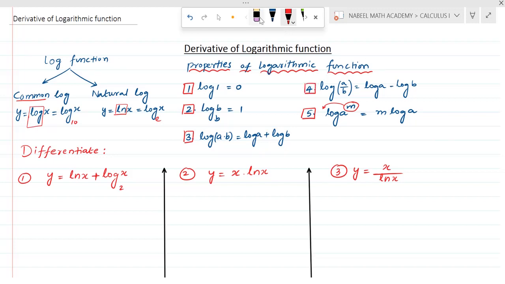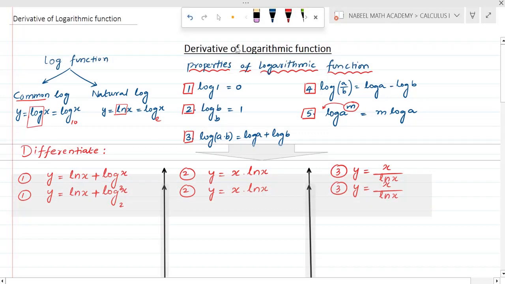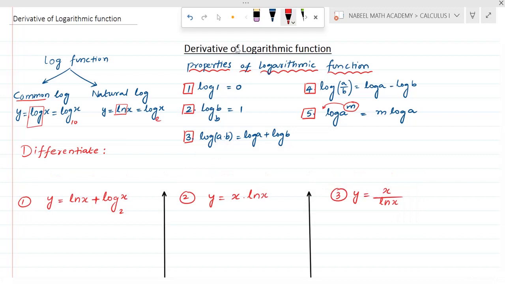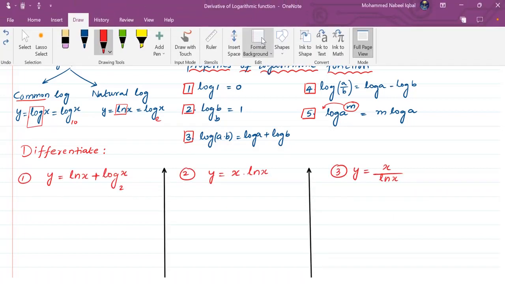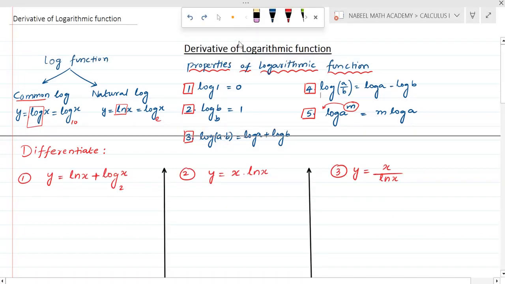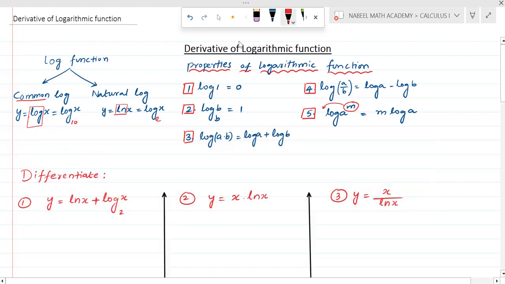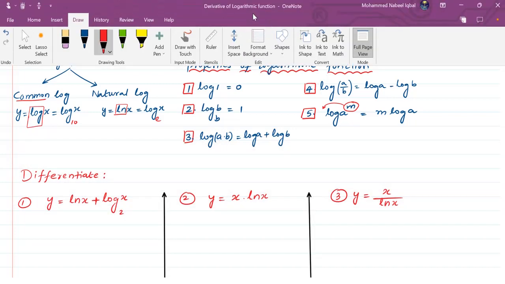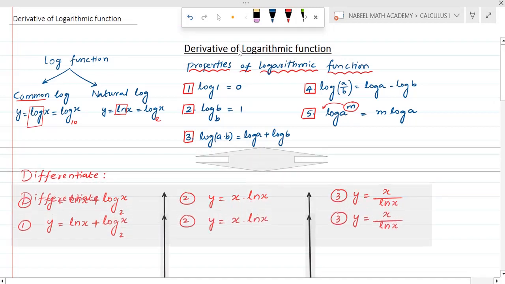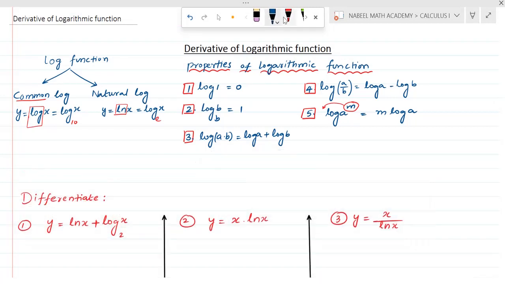What is the derivative of the log function? Here we are using this part: the derivative of the function y, dy over dx.